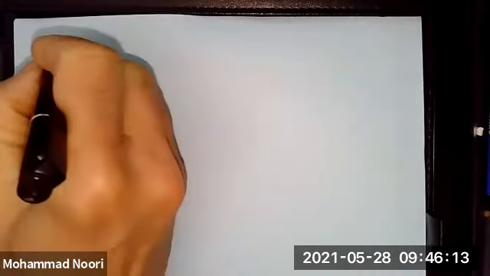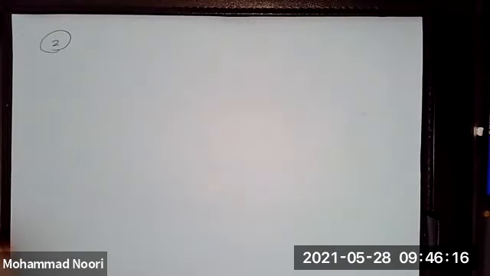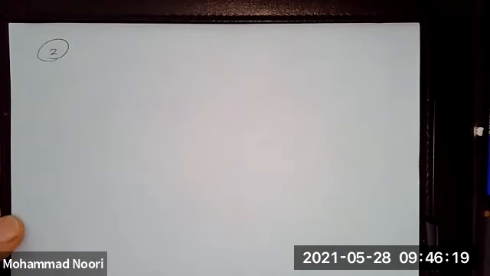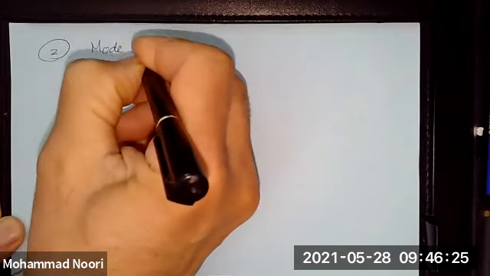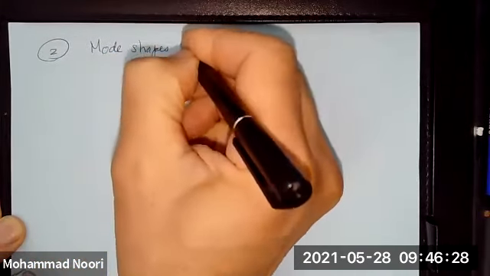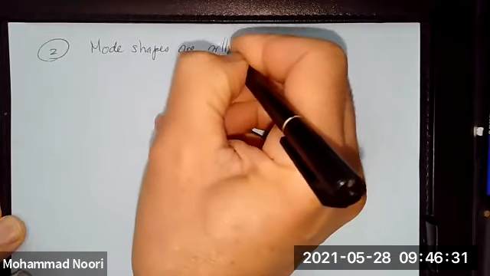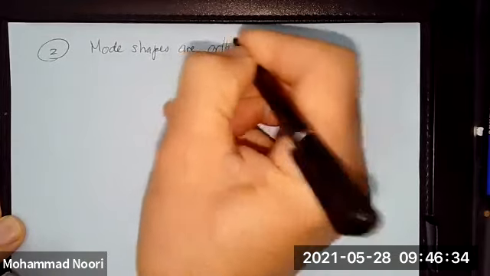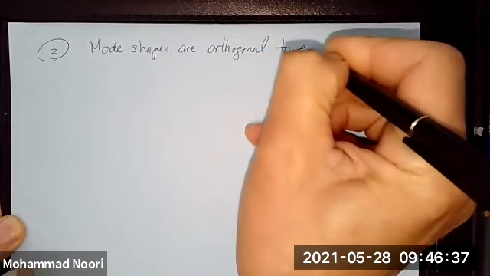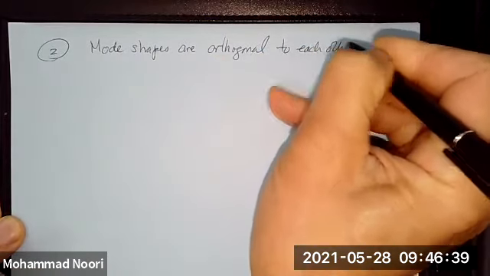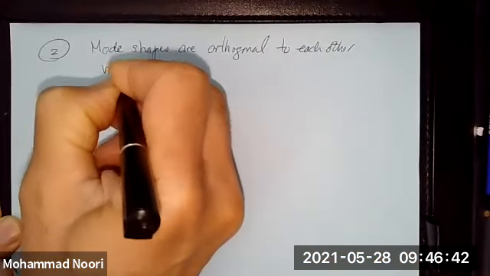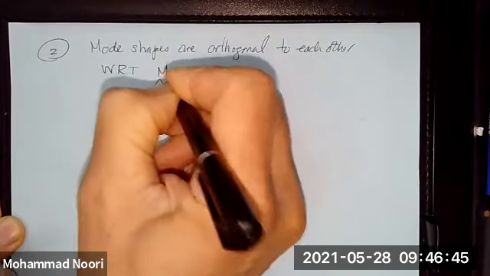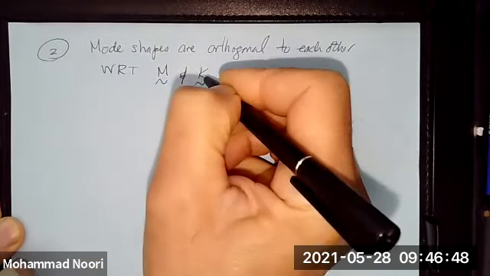So this is really basic, right? The next one is the most important one. The next two, actually. The second property in eigenproblems, if you may remember, is this: mode shapes are orthogonal to each other with respect to the mass and stiffness matrices.